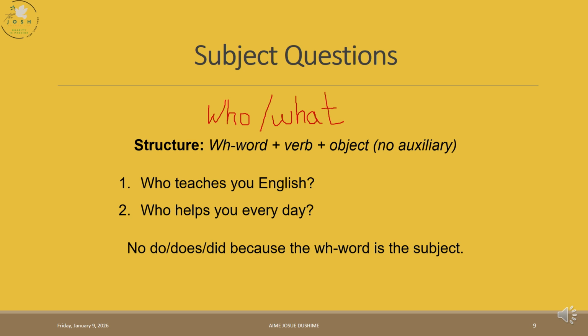Only these two are the ones we use when we are asking a subject question. Who or what plus verb plus object. No auxiliary. Don't put do, don't use does.